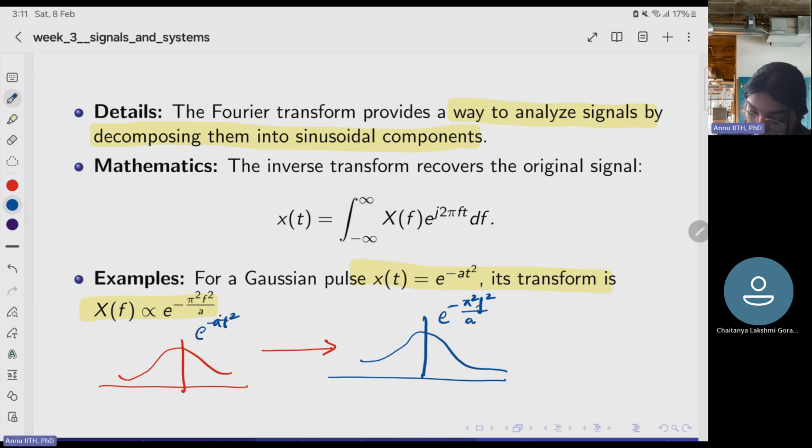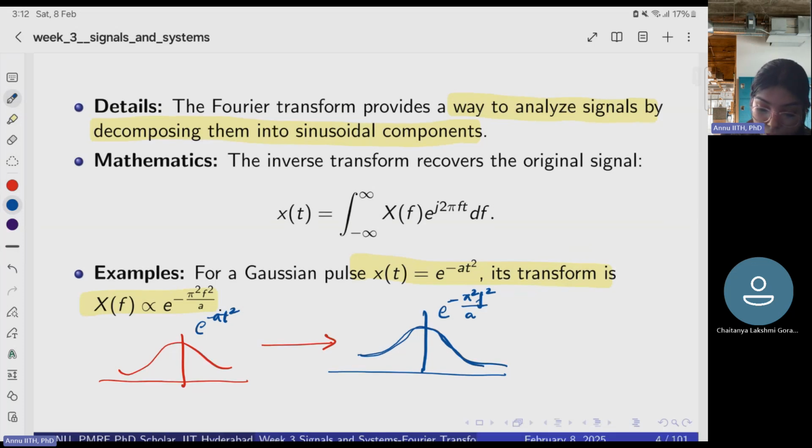So this is giving a Fourier transform. That's why a Gaussian wave doesn't change its nature even after a Fourier transform. That's why we model the noise in communication systems by a Gaussian pulse. A Gaussian pulse never changes its shape even after a Fourier transform. That's interesting to note.